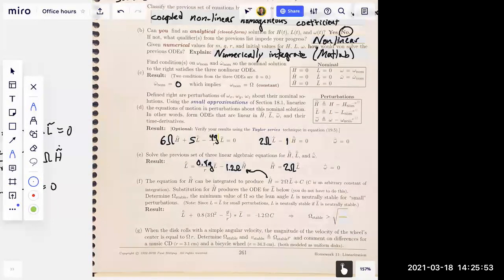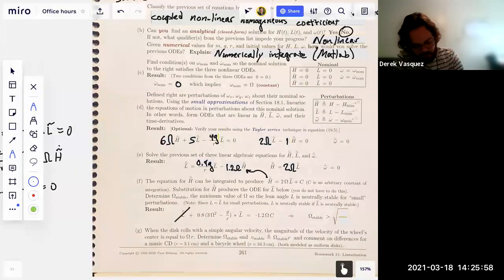They're 0. They're going to be 0. So this term is going to be 0. Let's see. The minimum value of omega so that the lean angle L is neutrally stable. So what thoughts do you have about where to go from here?